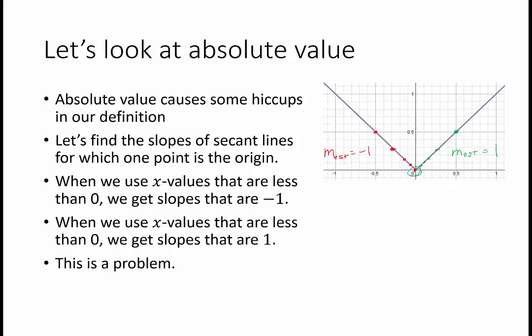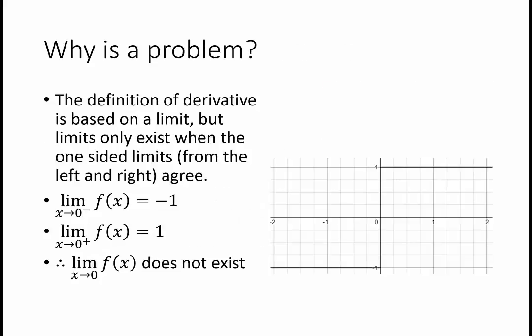Here's how we're going to handle this problem. We're going to think of these slopes like limits, because when we define the derivatives, they're limits. And we have this idea with limits that the limit for this particular function, let's say, doesn't exist at 0. Why doesn't it exist?